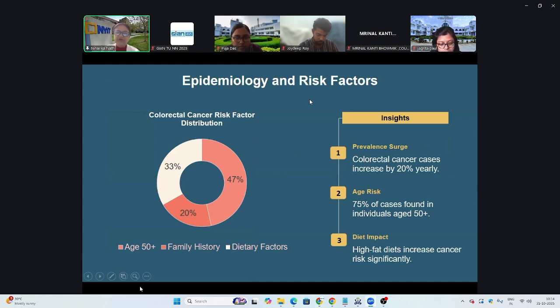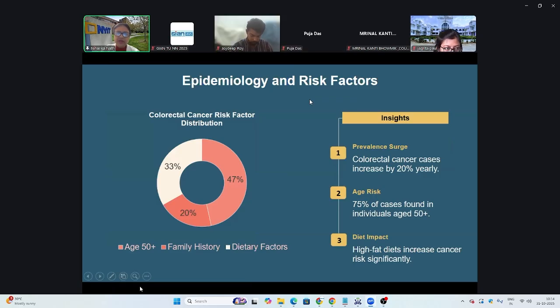And the fact is also that there are certain risk factors for colorectal cancer, and it is really based on family history. A lot of the people who get it, about 20%, have what is called familial colorectal cancer, and some of it is dietary factors, which is about 30%, a little bit higher.